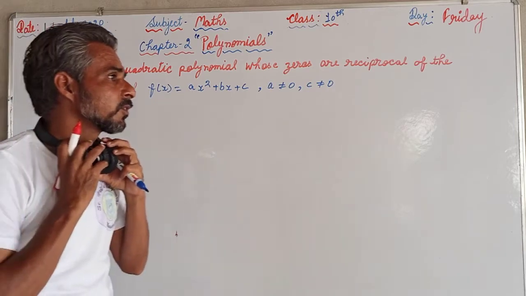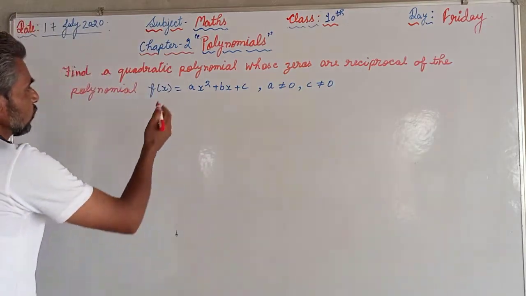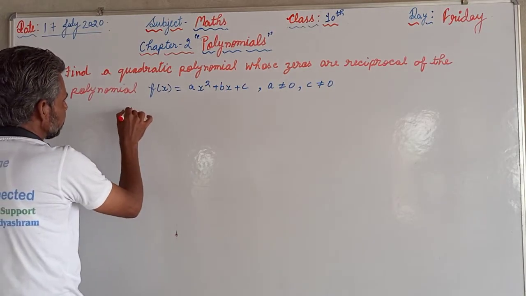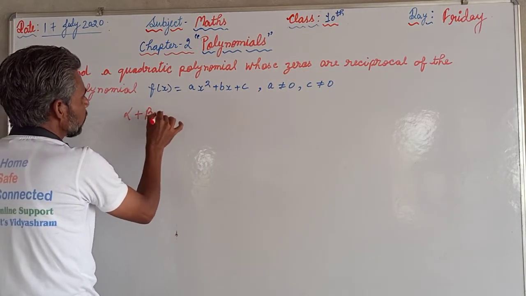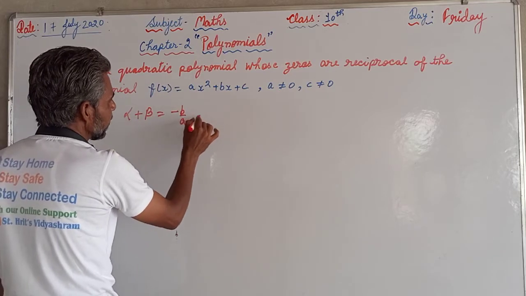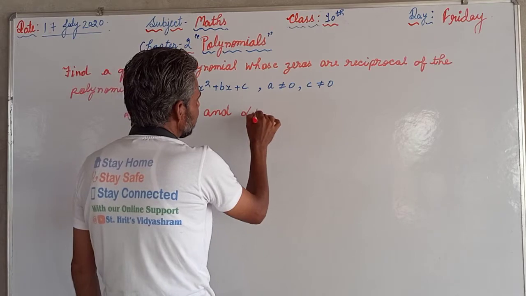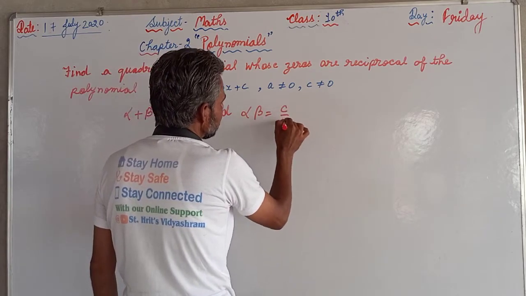For that, first of all we are supposed to find the sum of the zeros from here, that is alpha plus beta, which will be minus b upon a. At the same time the product of the roots, alpha beta, will be c upon a.